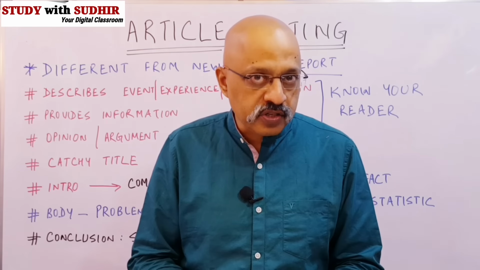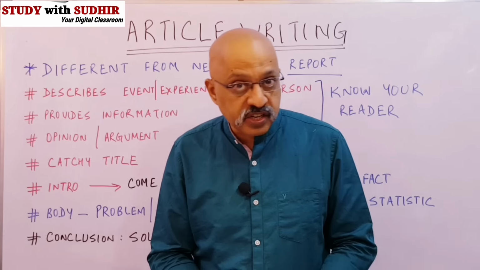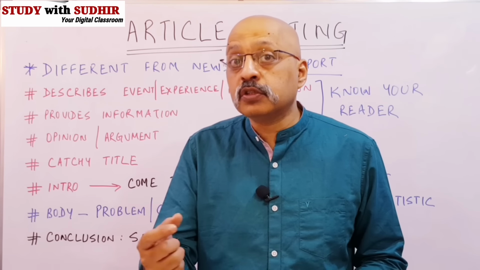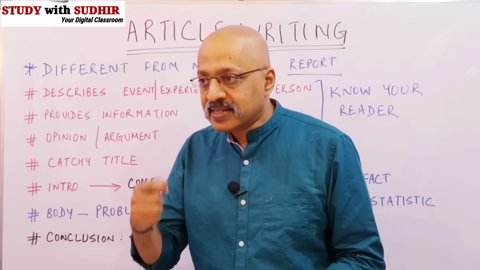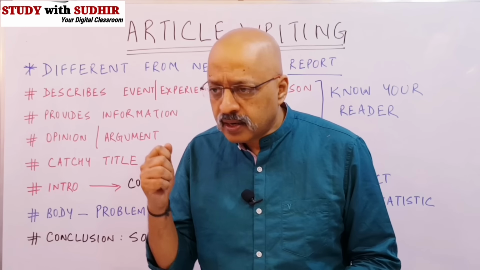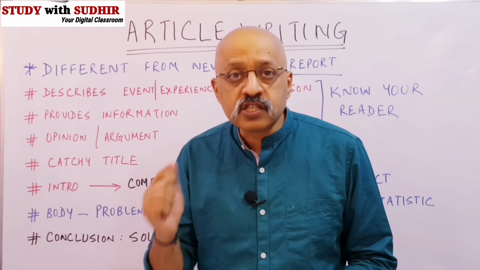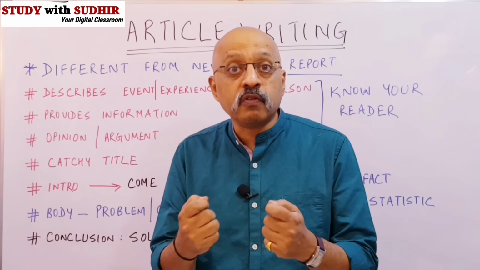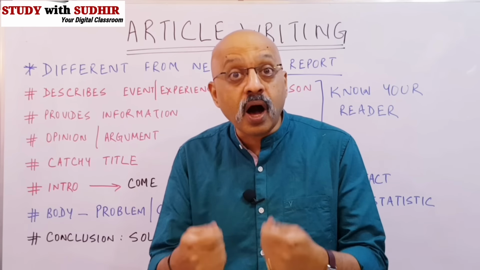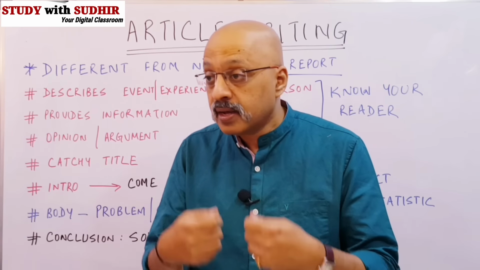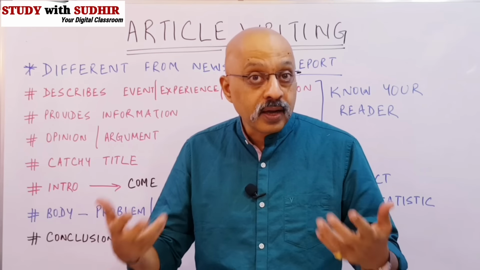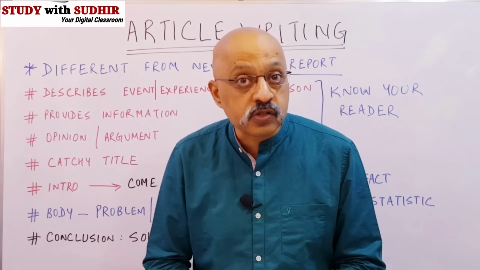Even if you're describing, for instance, a debate competition which has taken place in your school, you could take up one of the lines which the winner of the debate competition said, that when Nandita won the prize, this is what she said. Or pick up a line from the prize winning debate speech, or the argument that Sanjay, who won the second prize, made in order to emerge as one of the winners of the debate competition.